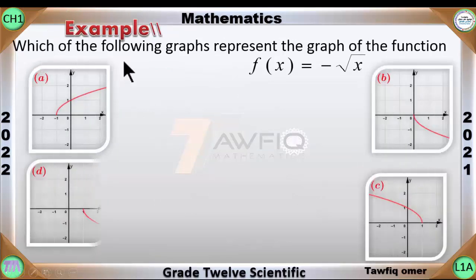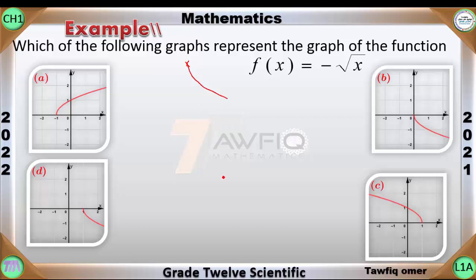Which of the following graphs represents the graph of the function f(x) equals minus square root of x? As we know, because the sign of x under the square root is positive and the sign of the square root is negative, the graph will be drawn starting from the start point going down and to the right, like this.